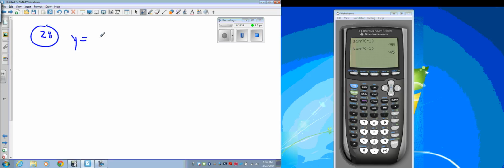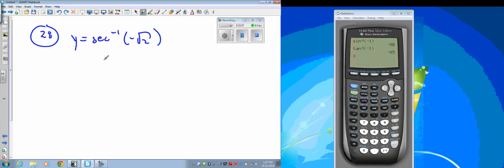Y equals secant inverse square root of 2. Now, what you have to do with this thing is, unless you happen to know what it is, I'll try it this way.